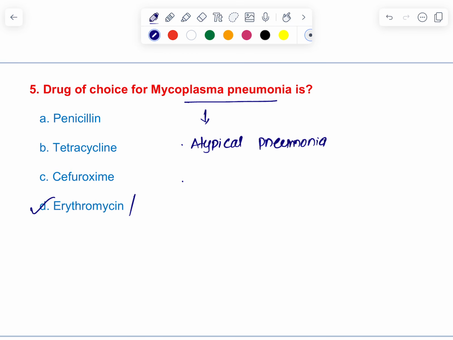The other macrolide antibiotics that can be given apart from erythromycin are azithromycin, or the other alternative, clarithromycin. So the drug of choice for Mycoplasma pneumonia among the options given to you will be erythromycin. Next question.